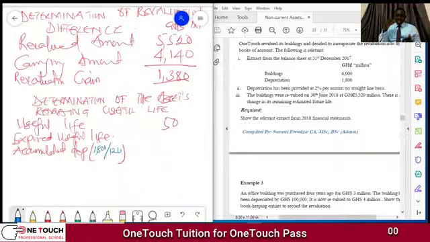The annual depreciation charge is 2% of 6 million. This is 6 billion because there's million on top, and 2% of it gives us 120 million.